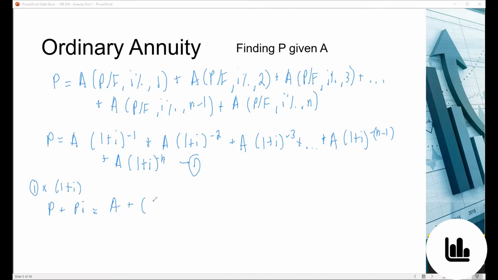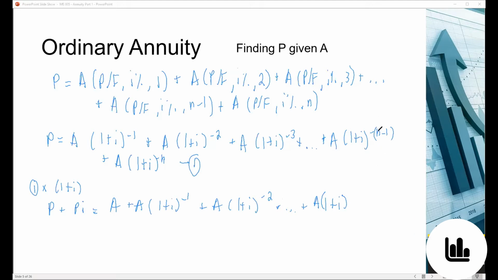Dito naman, ang mangyayari ay, A, dahil may 1 plus I raised to 1 na numerator, ito magiging denominator. So, may iwan na isa, 1 plus I raised to negative 1. Tama? Tapos, A, 1 plus I raised to negative 2, plus A raised to 1, A times 1 plus I. Okay, dito na tayo, no?